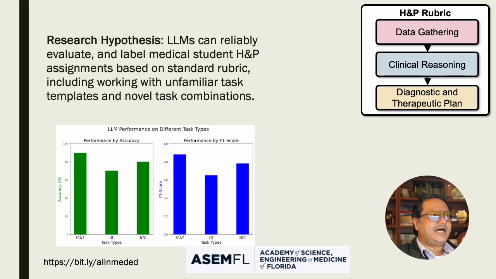So this is a research I was doing, which idea was that if we have a rubric or a criteria to assess the HNP of students, can that rubric be graded, or HNP be graded, by the large language models, LLMs like ChatGPT?